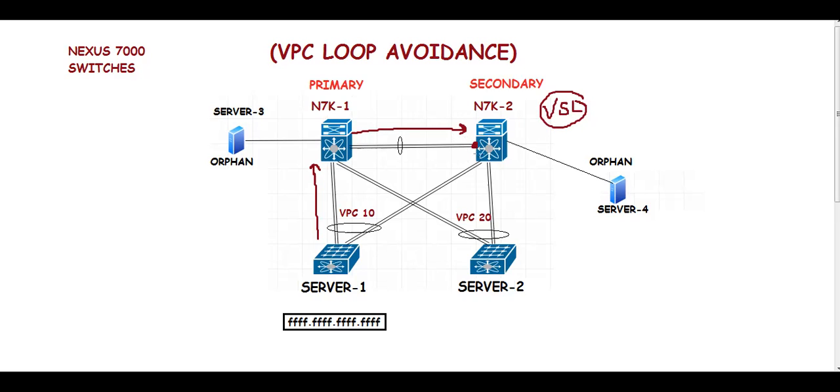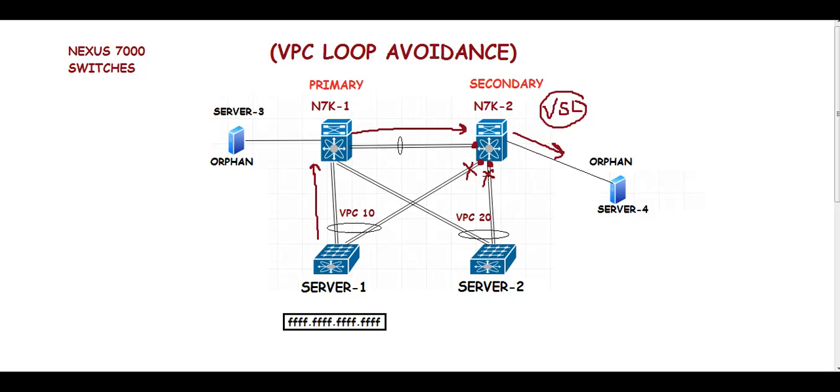So it will filter that packet on all the VPC member ports, and that traffic can go onto the orphan ports only. It will be filtered here and here because these two ports are part of the VPC.